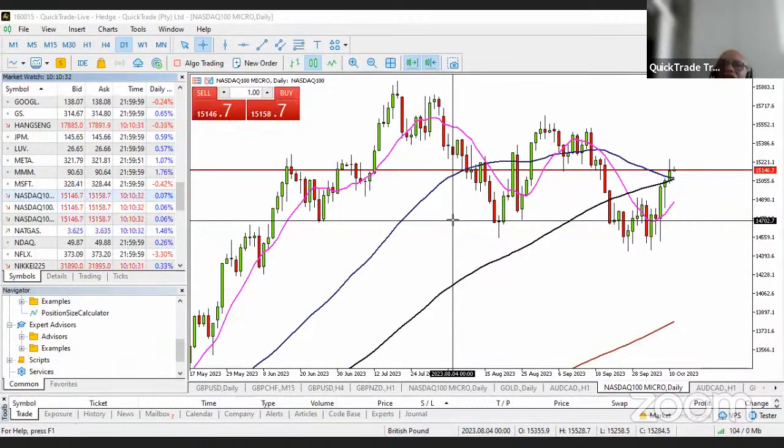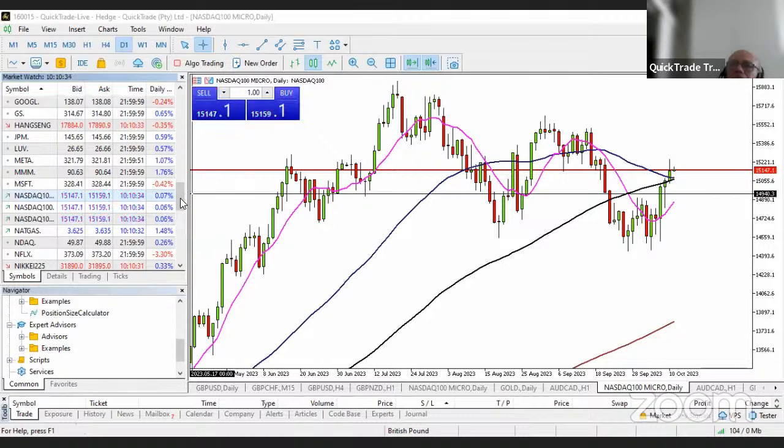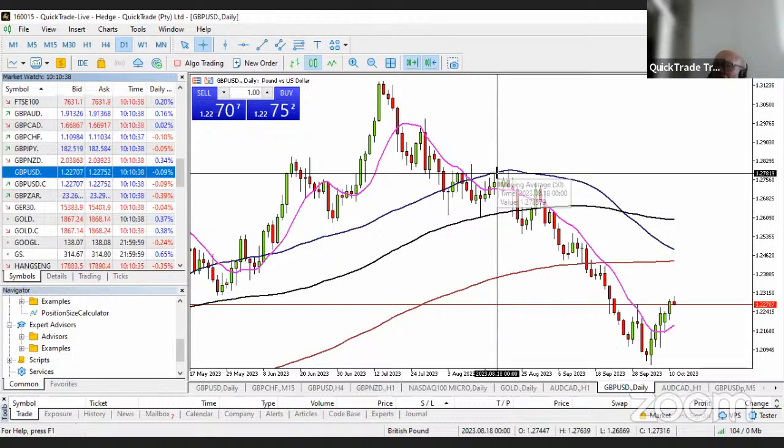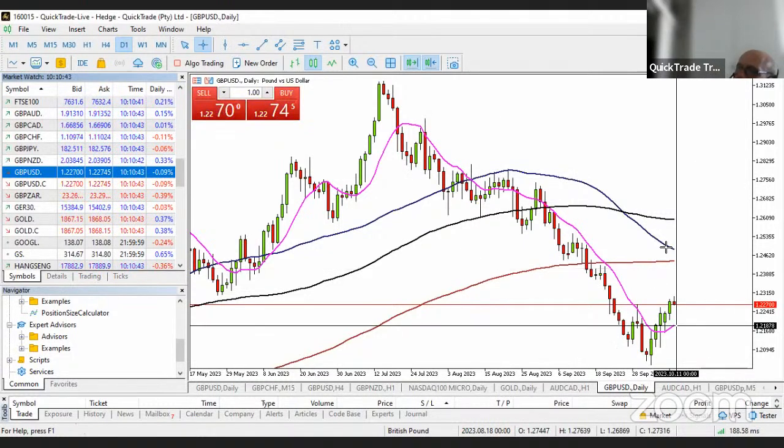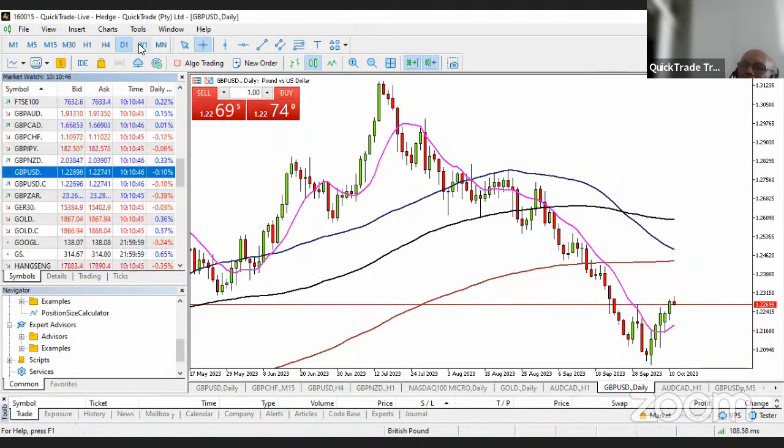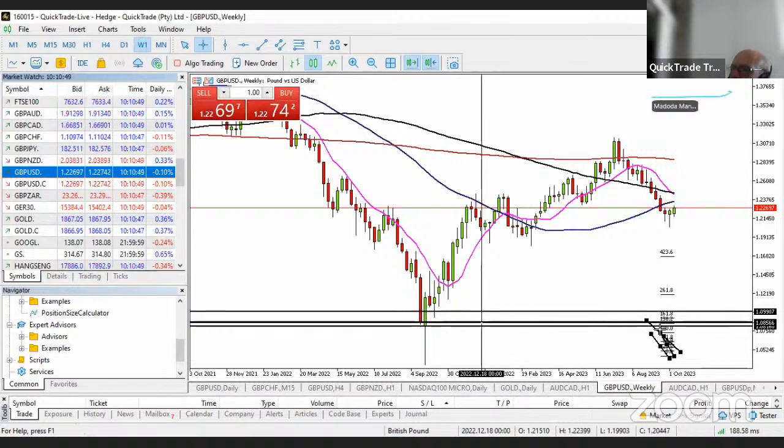Cheers. All right, GBP USD. Right, yeah, it's in the short zone. No problem there. It's below the moving average, except this guy here, the major ones below, sell zone. Pound's a bit weak. Fundamentally it is a bit weak as well.